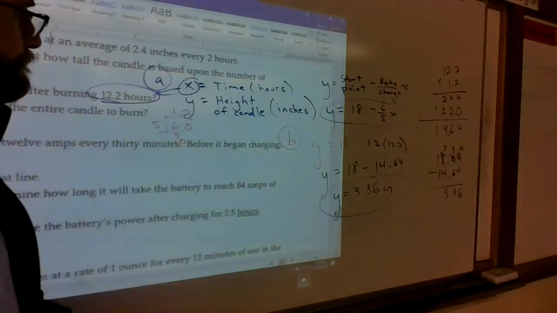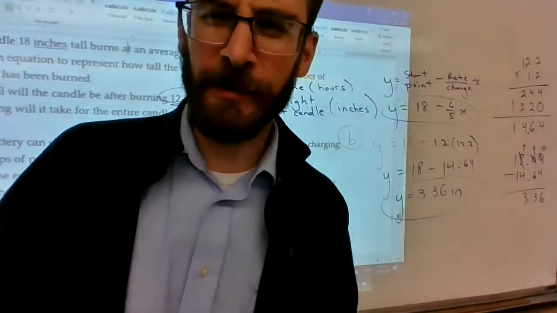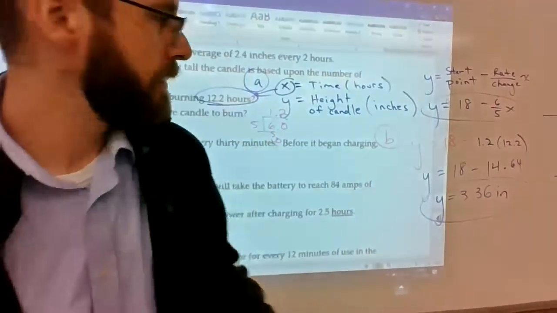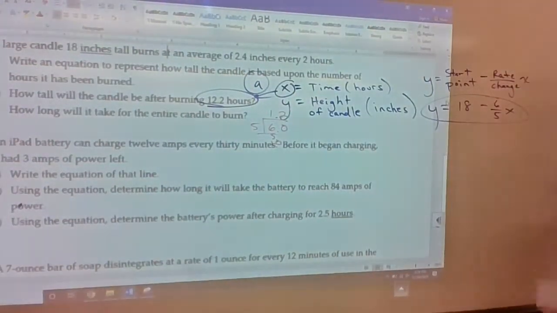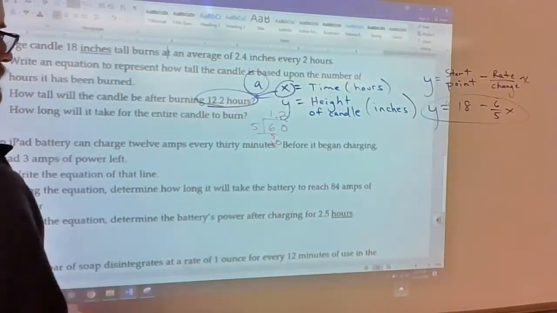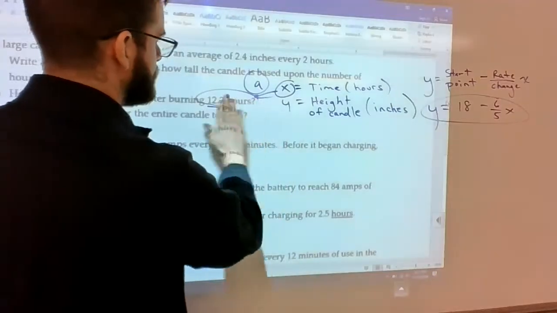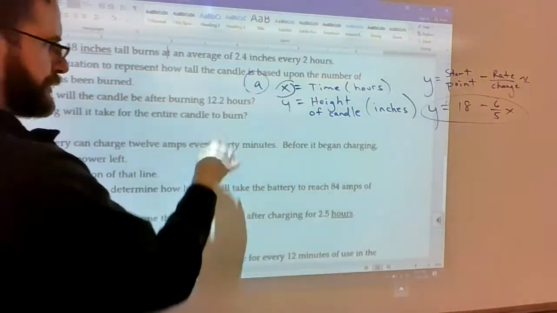All right. That was kind of rigorous. We've seen much worse than that though, right? Part C. How long will it take the entire candle to burn? The entire candle to burn.